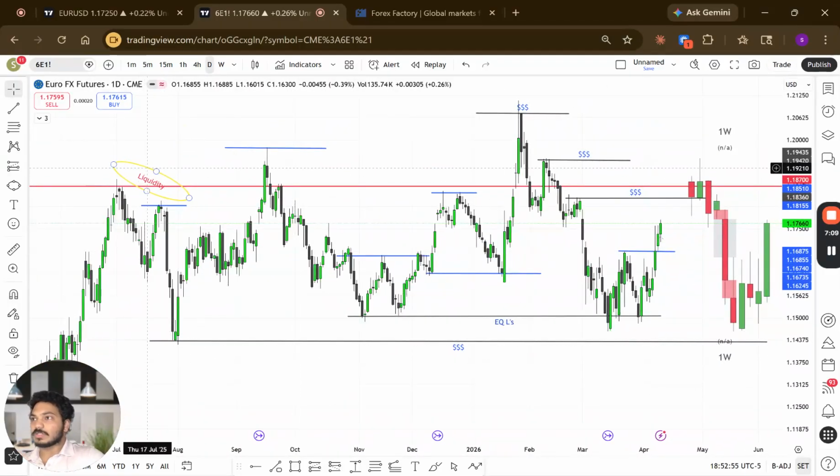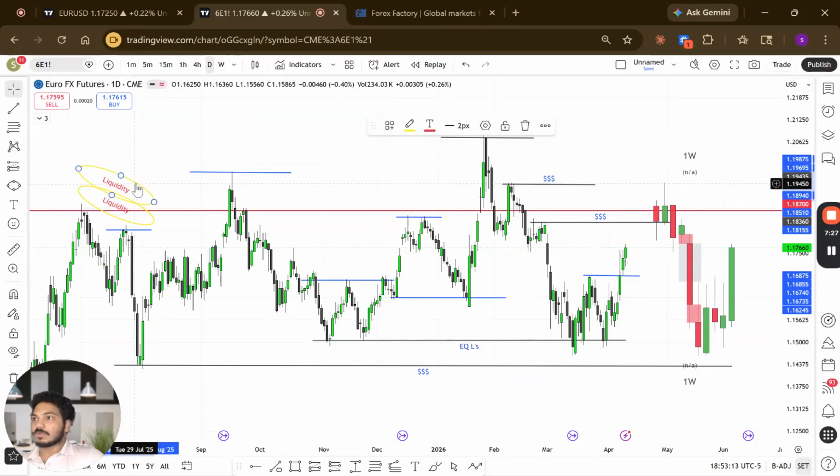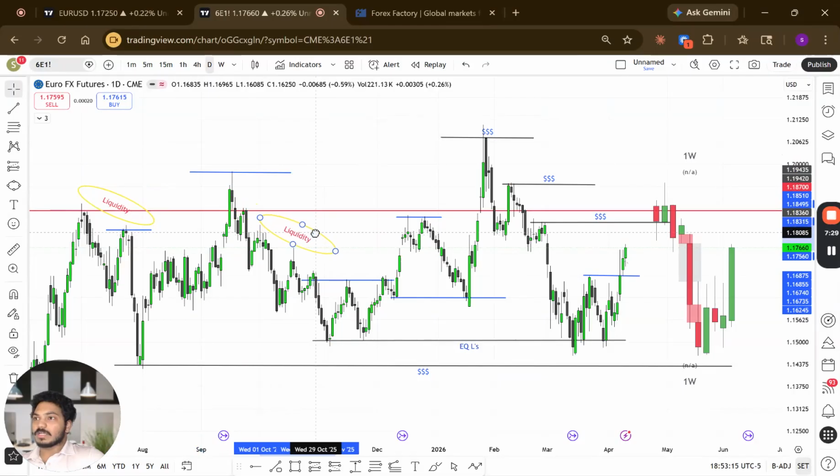Let me just copy this. You already marked this; let's consider this one as liquidity. So you can find liquidity below this low and below these equal lows, and you can find liquidity above these lower highs.